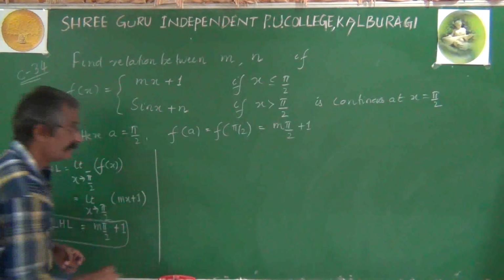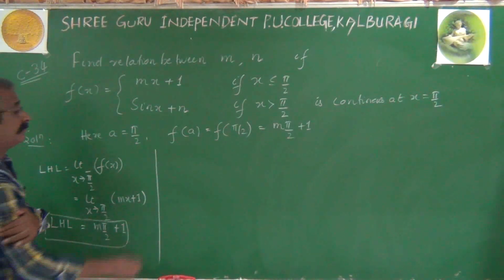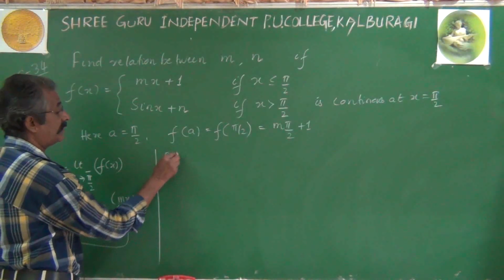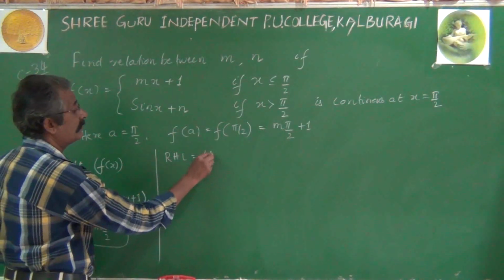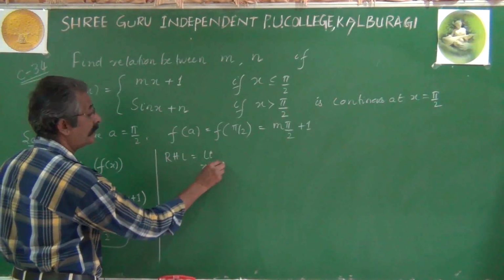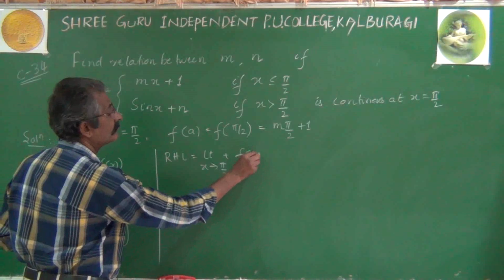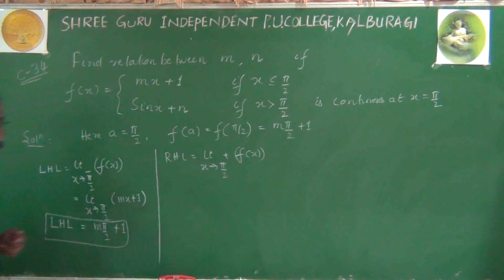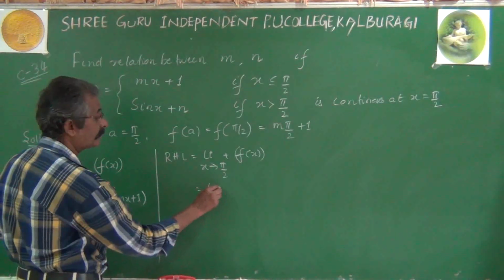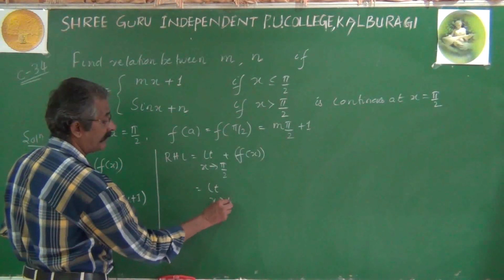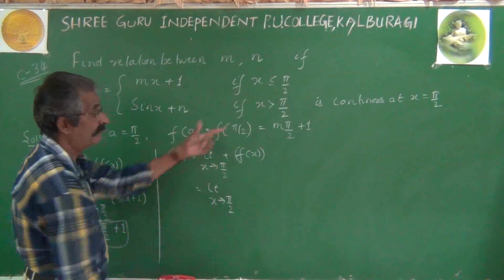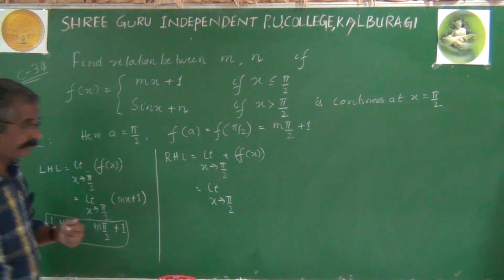We also find the right hand limit. Now the right hand limit RHL equals the limit as x extends to pi by 2 plus of f of x. Whenever x is greater than pi by 2, the function value is sin x plus n.